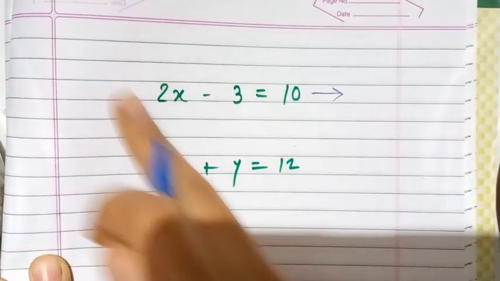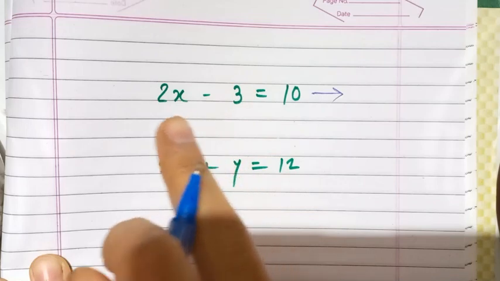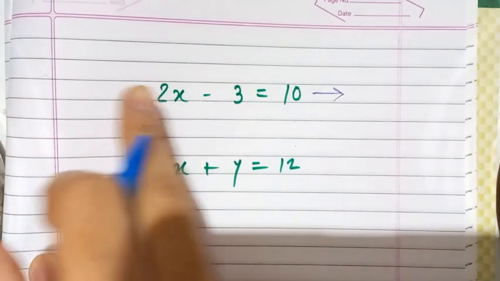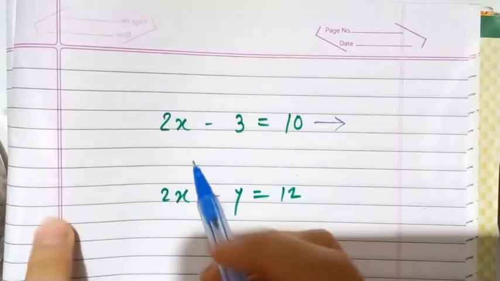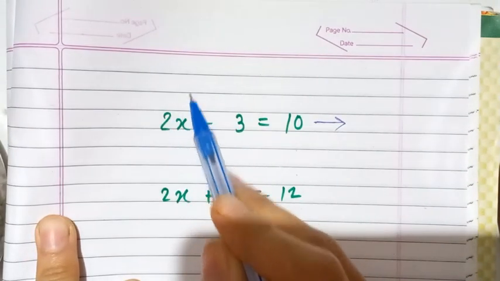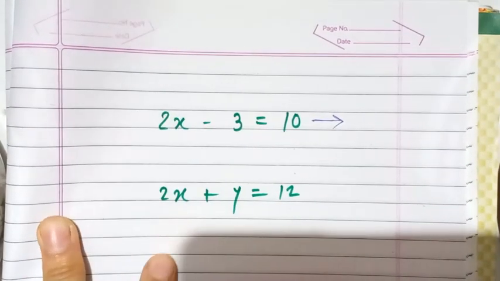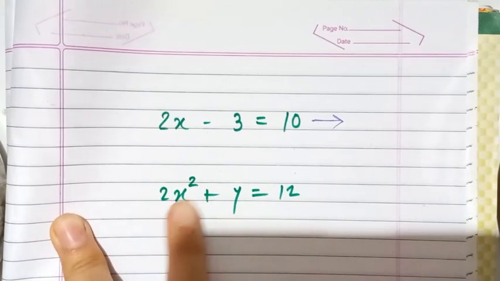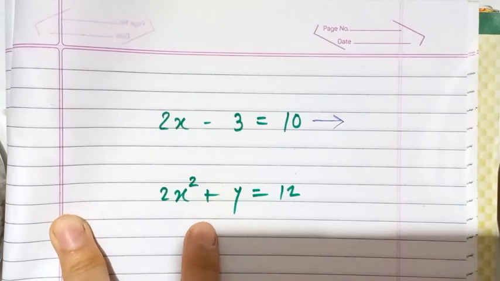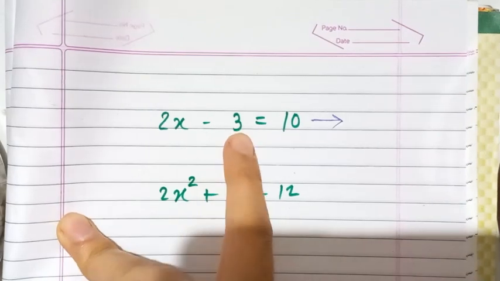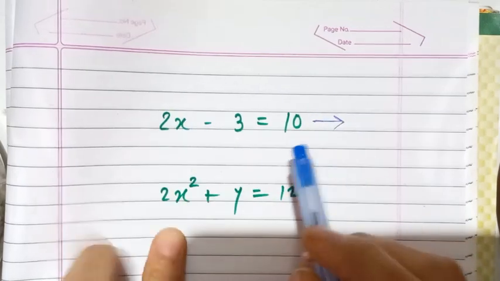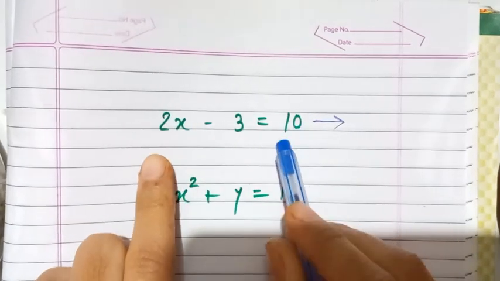But this one is an equation of one variable. Is this linear? Yes, it is linear because the highest power of the variable is 1. If I write this equation squared, then this is non-linear because the highest power of the variable is more than 1. So we observed that this is linear and of one variable.